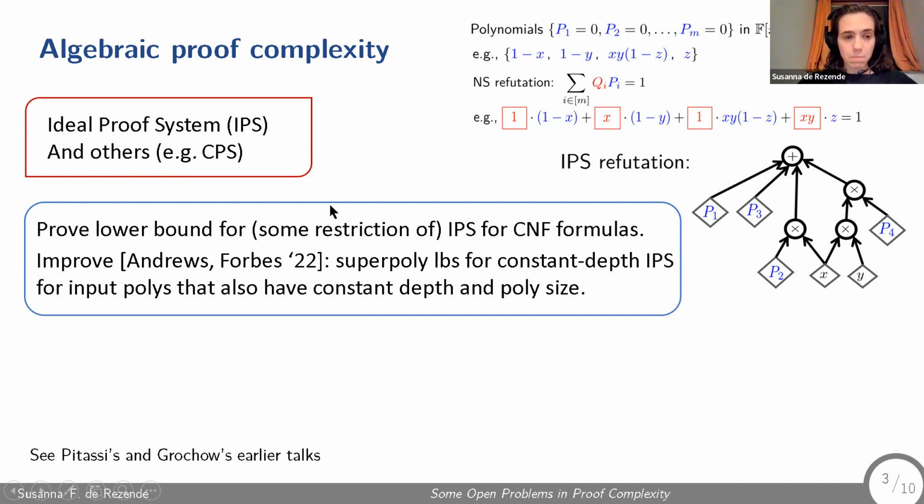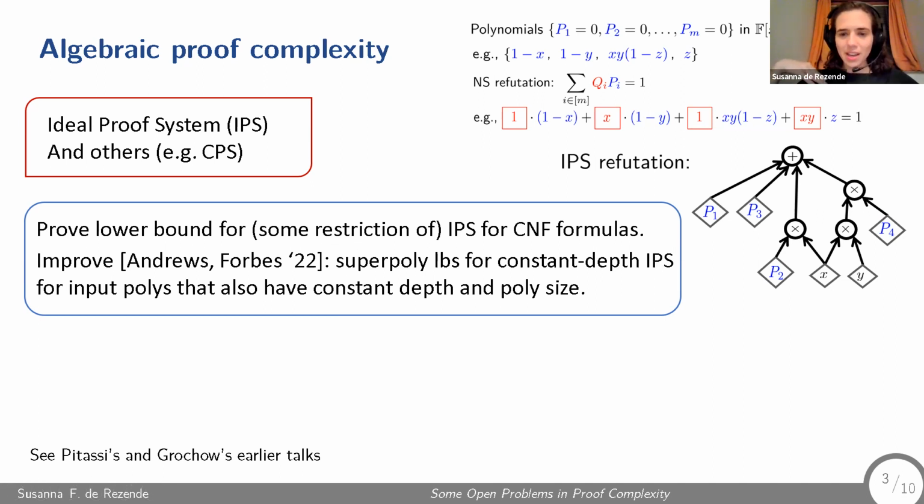So as Tony and Josh said in their talks, an open problem is to prove lower bounds for IPS for CNF formulas, even for restrictions of IPS. There was this exciting new result just very recently, which proves super polynomial lower bounds for constant depth IPS, but they use input polynomials that are not constant depth.